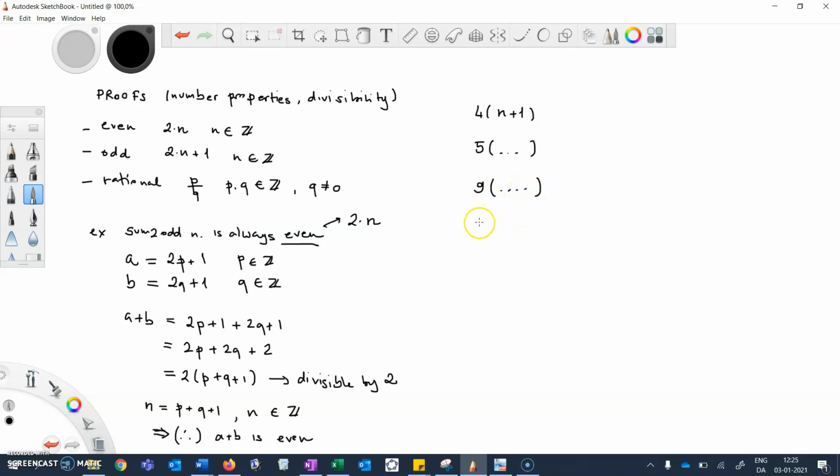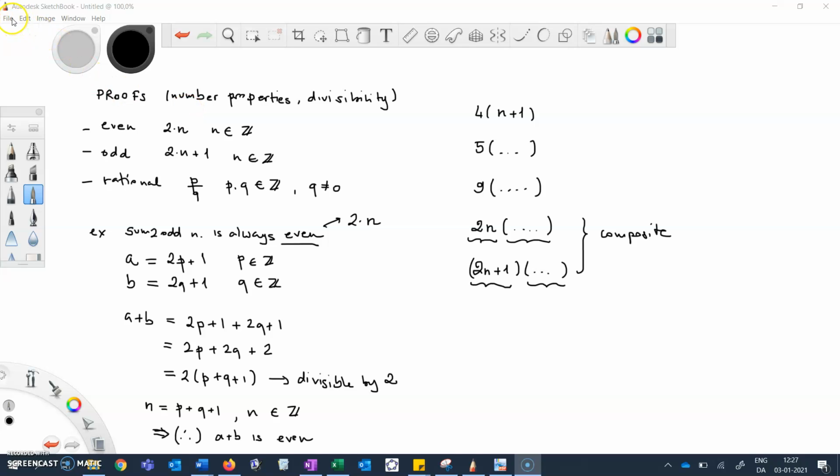If it's even, I can even demonstrate that it's going to be factorizable as 2 times a variable, in this case I call it n, times another factor. And if it's divisible by an odd number, it's going to be 2n plus 1 times another factor. In this case, we say that the number is composite. And this is just because the number can be divisible by 2n, but also by the other factor, okay? And in this case, by 2n plus 1 and this other factor.